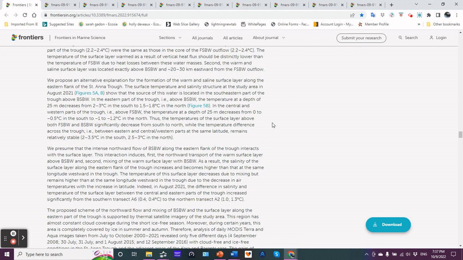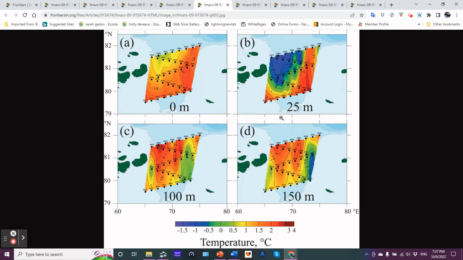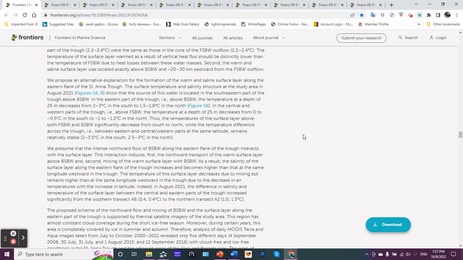Figure 5B. That's apparently what they're getting at here. Just follow the isotherms, I guess. Where was I?